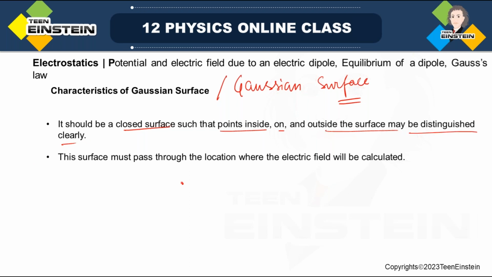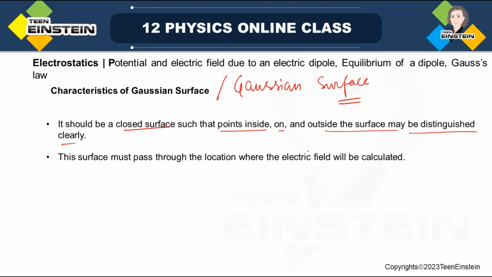That means my Gaussian surface should not go in such a way that there is a point charge q1, and very close to it another point charge, and the Gaussian surface passes through them. That is not possible. A Gaussian surface should not be drawn through any isolated charge.